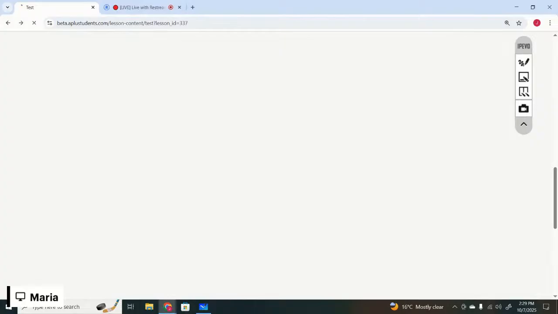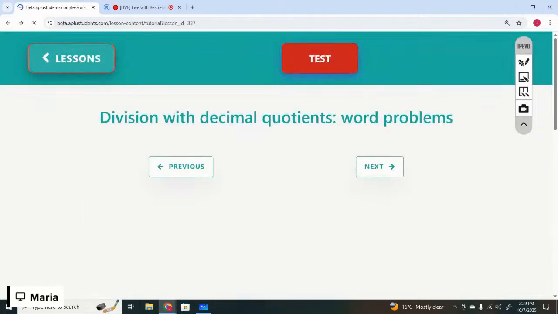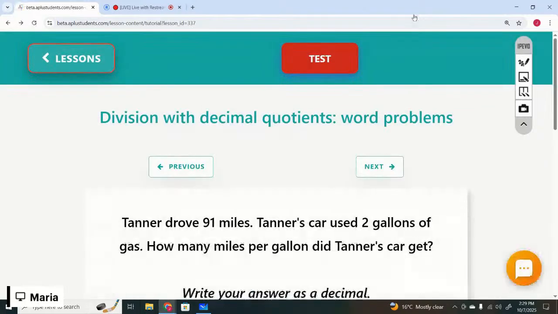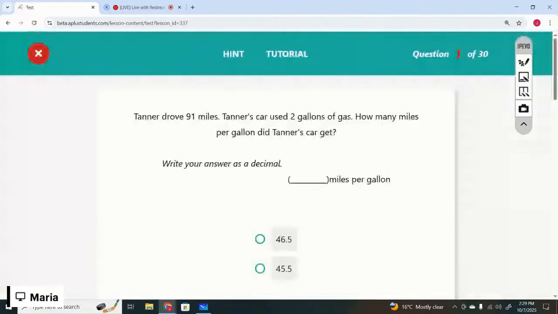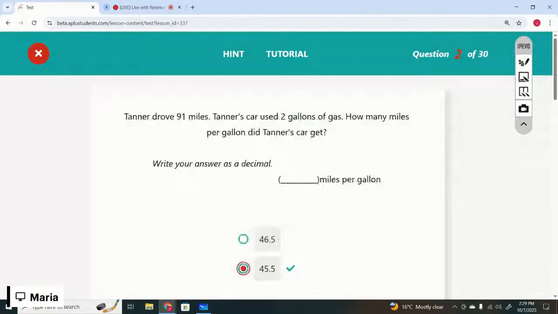Okay, let's just go back. I think there is something wrong with the test questions because the website is just the new one. So some things are not working on the website, so I need to inform them. It says 45.5.